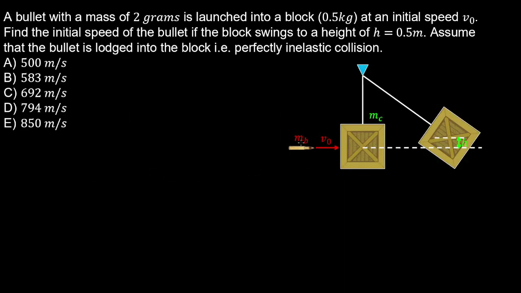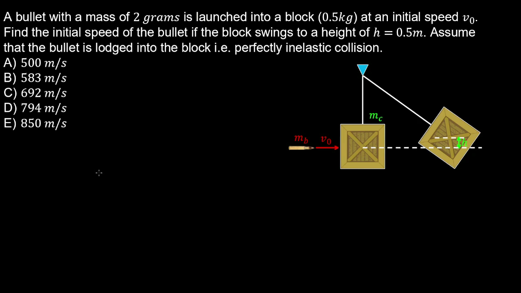A bullet with a mass of 2 grams is launched into a block at an initial speed v0. Find the initial speed of the bullet if the block swings to a height of 0.5 meters. And we'll assume that the bullet is lodged into the block, meaning it's a perfectly inelastic collision.